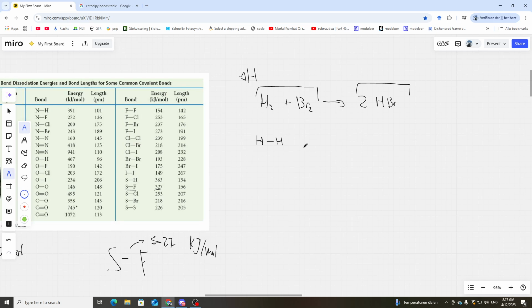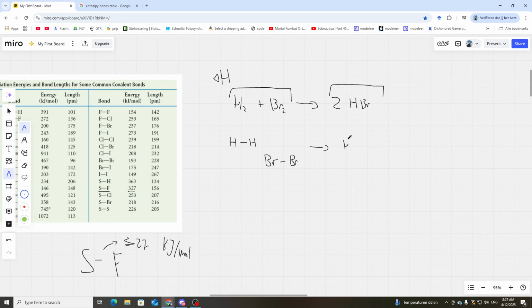Br is the same. It just wants one bond. So Br2, we draw it just like this. Nothing special, nothing crazy. And then we have 2HBr. HBr, that's one of the molecules, and we have two of these, so we have another one. These are the drawings of my molecules.